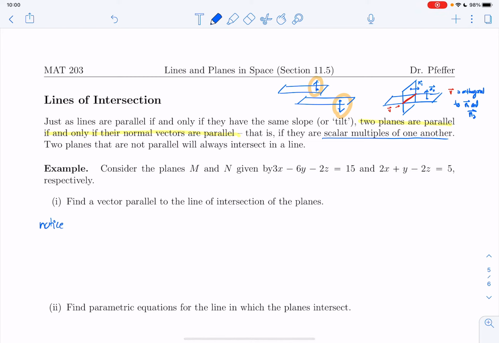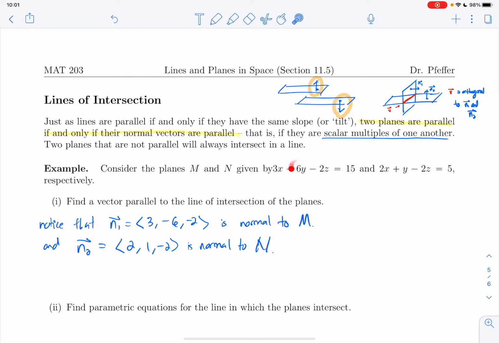Notice that n1, which is the vector where I will steal the coefficients from the first plane's equation, so that's going to be 3, -6, -2, is normal to plane M. And n2, which is going to be 2, 1, -2, is normal to plane N.